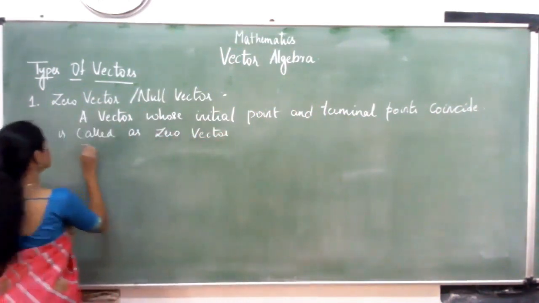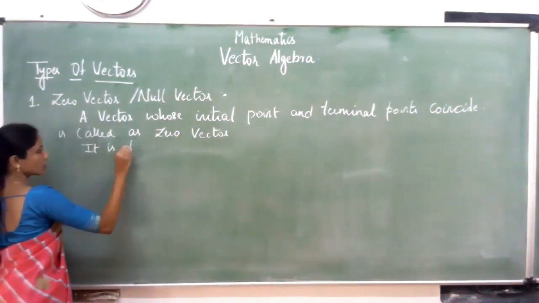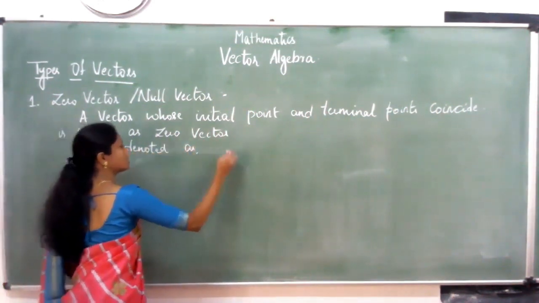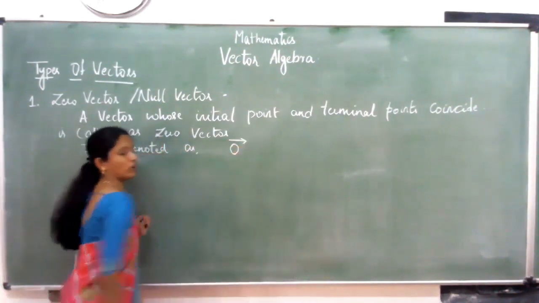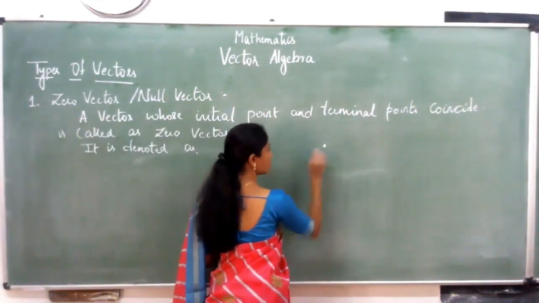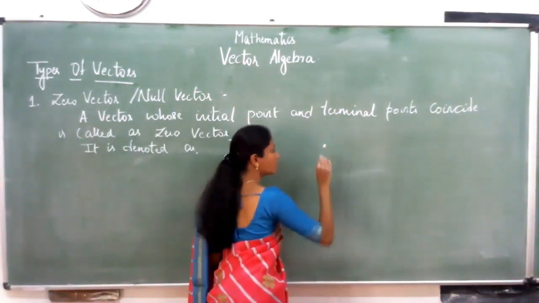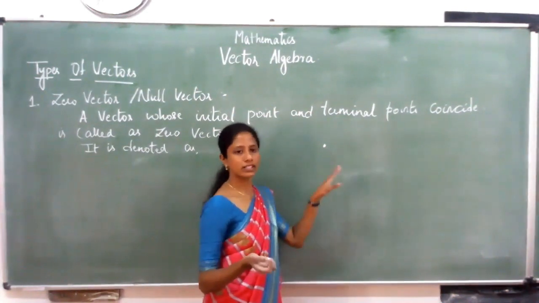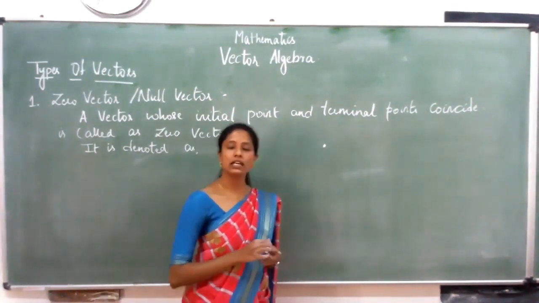It is denoted as zero vector. So when you have initial point A and even the terminal point is also A, so the initial and the terminal point coincide, such a vector is called zero vector.